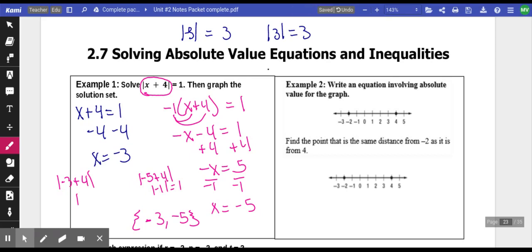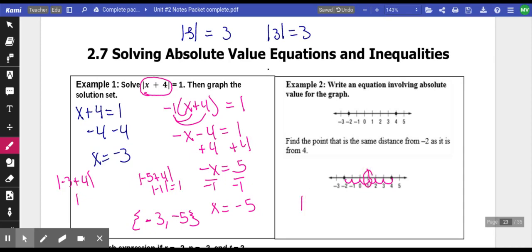Example 2, write an equation involving absolute value for the graph. So what I want to do is find the point that is the same distance from -2 as 4. So what I like to do is count how far apart -2 and 4 are. So they were 1, 2, 3, 4, 5, 6. So they're 6 apart. So the point that's in the middle, equidistant, is 1.